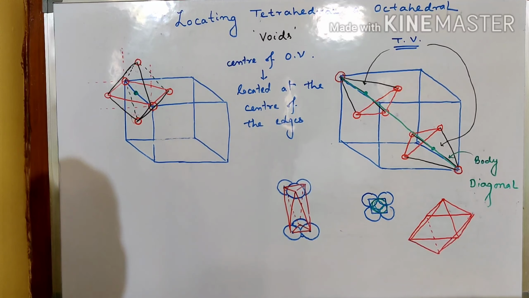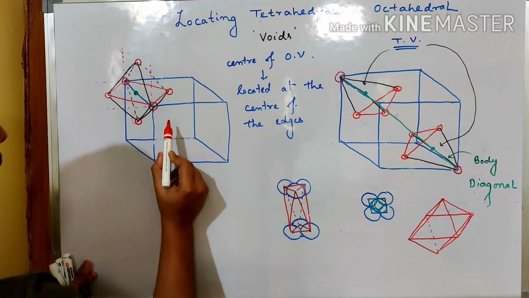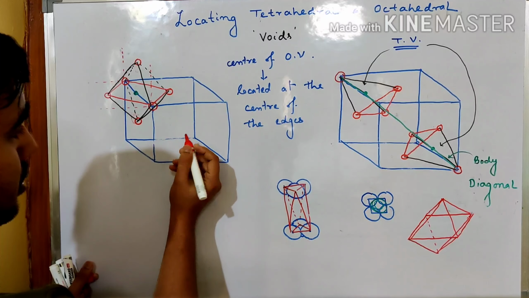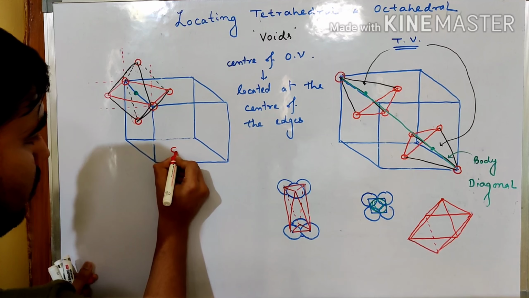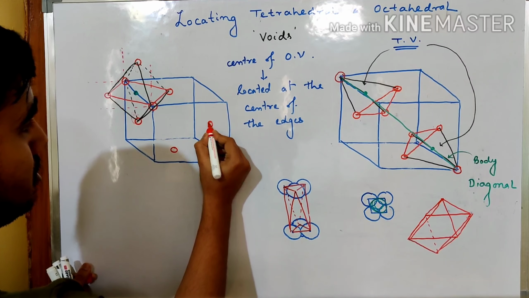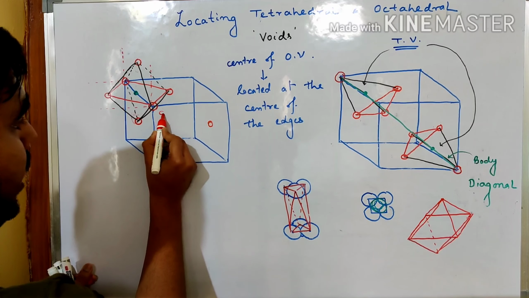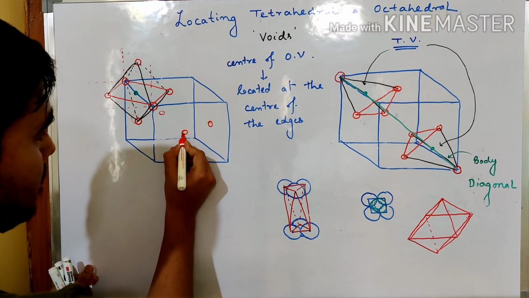There will be another type of octahedral void. To see that, see here, one face will be this face towards us, one will be this one, this face center, one is this one is the face which is behind us, one is the face which is towards us.